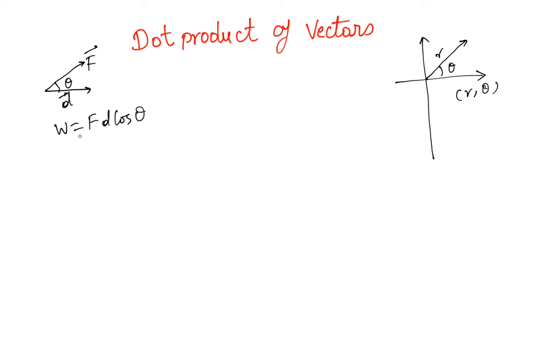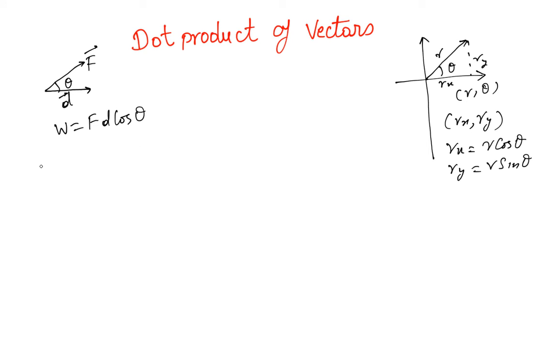So how would we write the same thing in the Cartesian system, where we specify rx comma ry, where rx is nothing but this thing and ry is that, and we also know that rx is r cos theta and ry is r sin theta, where theta is the angle the vector makes in the counterclockwise direction from the x-axis.